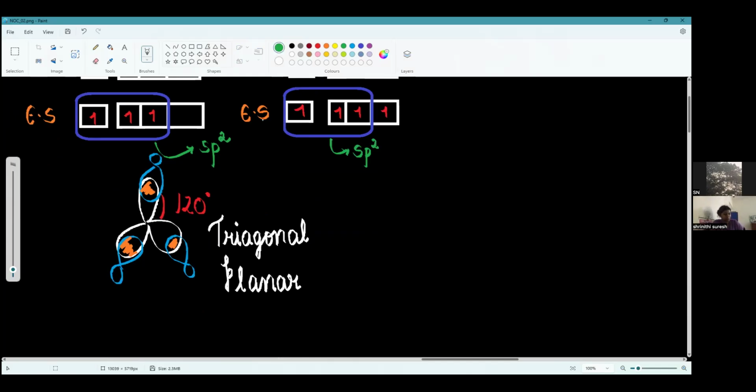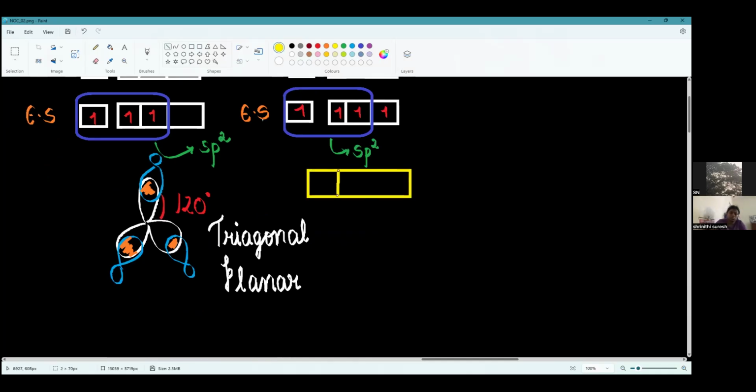The hybrid state will have 3 orbitals, and each one of them will be called sp2. Why 3 orbitals? Because 1 s orbital and 2 p orbitals are there, so it becomes 3 hybrid orbitals. This is HO. HO means hybrid orbital.